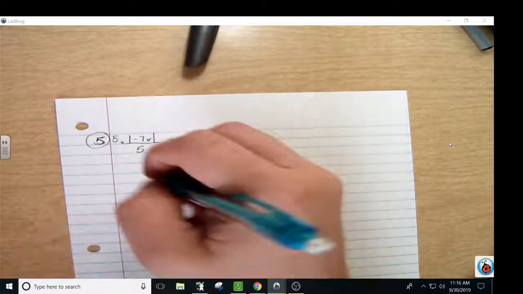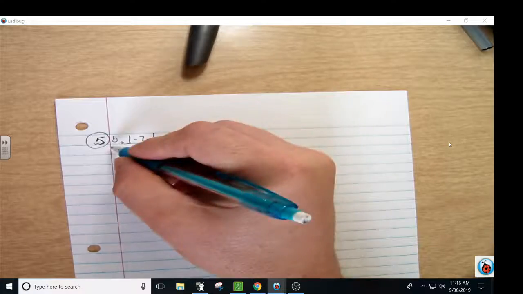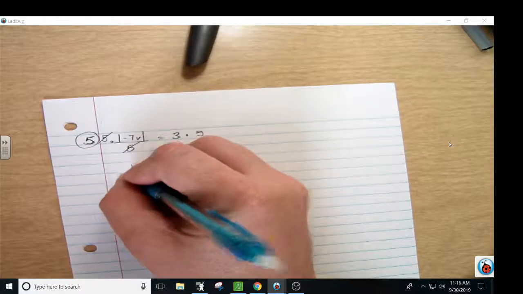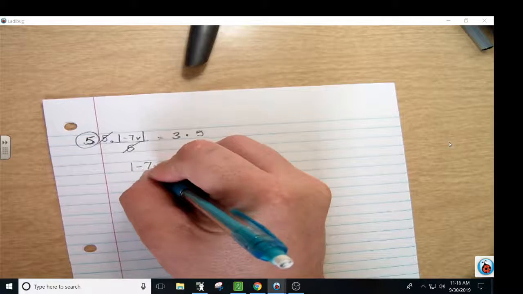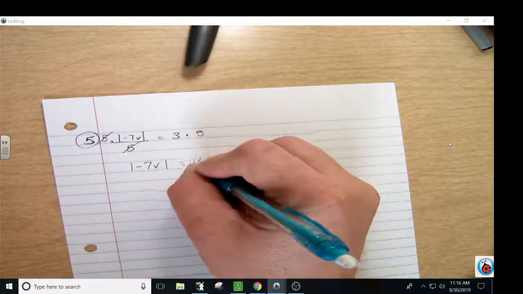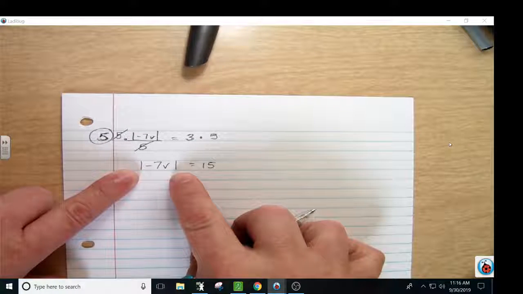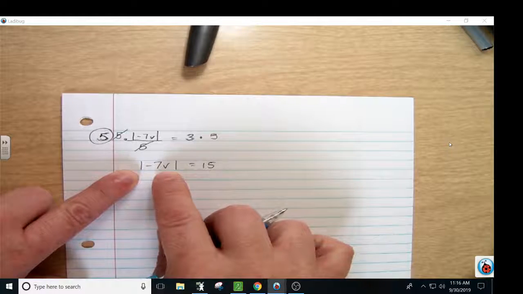Now, what happens to the fives here? They cancel. That leaves me with the absolute value of negative 7v equals 15. Notice that the absolute value bars and the term inside are by itself.